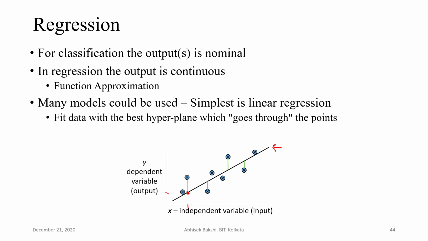But actually, for this value of x, the actual value of y is this one. So this gap is the difference, the error, right? This is an error. This is an error. Similarly, this is an error. So each and every point must constitute some error.